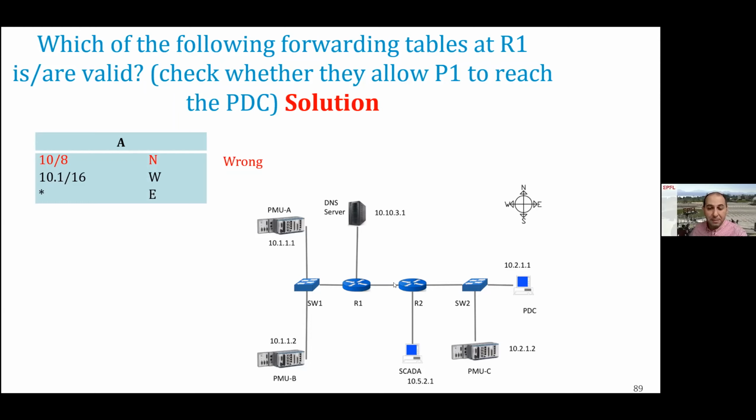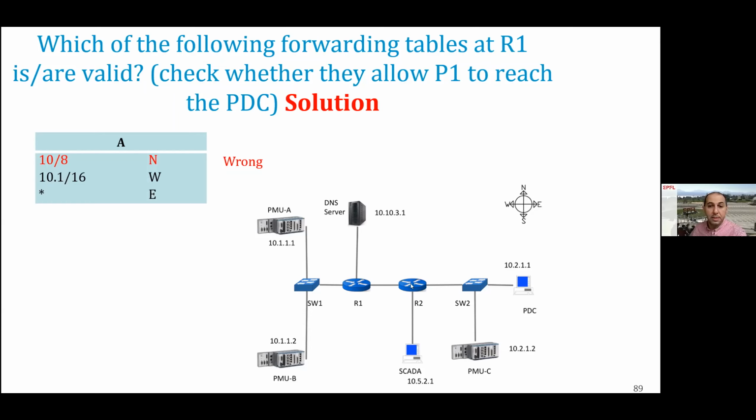But now this packet between R1 and R2 has the source IP address, the one of PMUA, and the destination IP address, the one of PDC. But at the MAC layer, the source MAC address is the one of R1, and the destination MAC address is the one of R2. The scope of the MAC layer is the local area network, and the scope of the IP layer is the whole network.